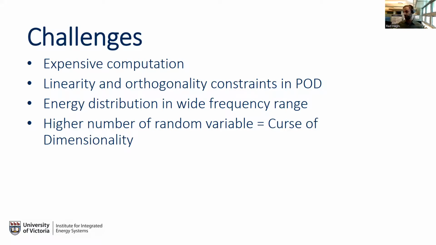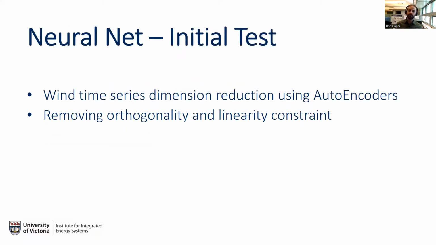These two properties are beneficial, but they also mean a constraint, and by removing it, you can probably reduce the number of modes that you need. So thinking about these things, we started thinking, okay, maybe we can go towards more data-driven methods, like neural network methods and deep learning methods. And we have started working on them and doing some tests.